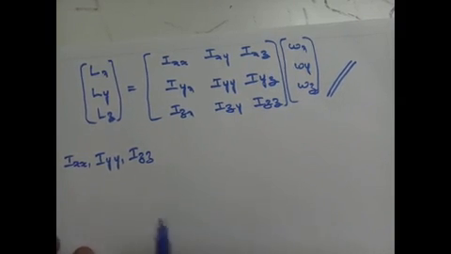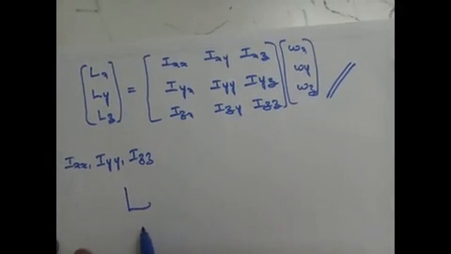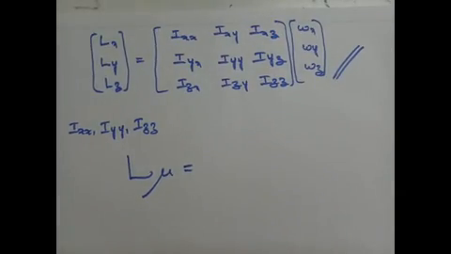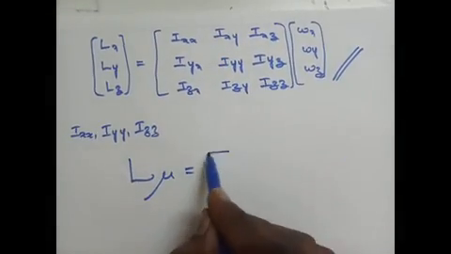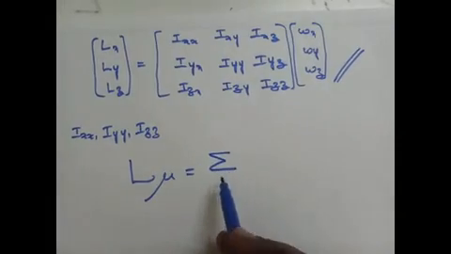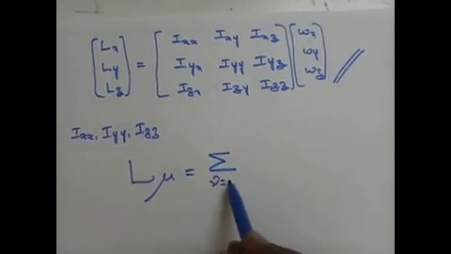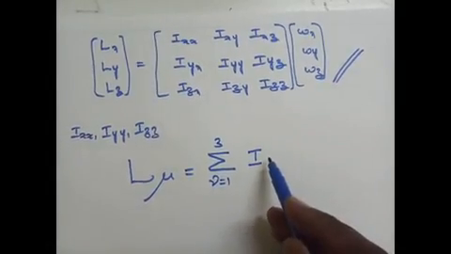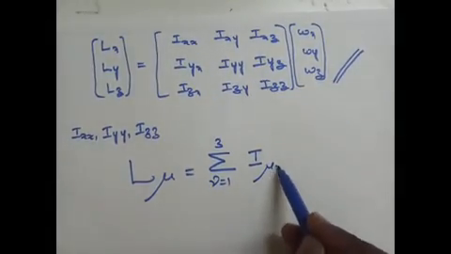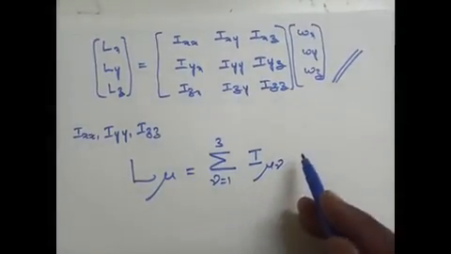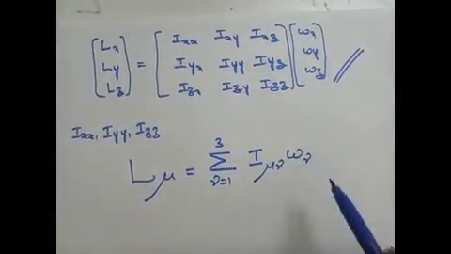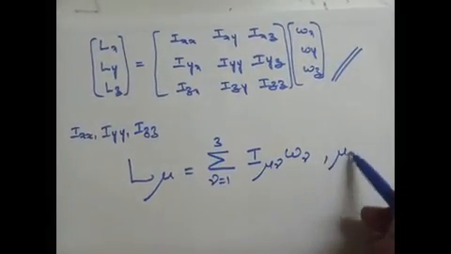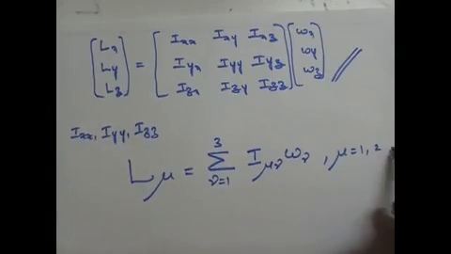In compact form, L_mu equals the summation over nu equal to 1, 2, 3 of I_mu nu omega_nu, where mu is equal to 1, 2 and 3.